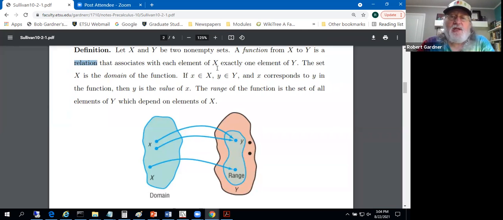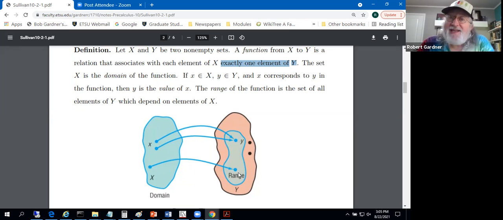It says each element of X is associated with exactly one element of Y. So this element is associated with exactly that element. This element of the domain is associated exactly with that element. This element is associated exactly with that element. What's disallowed is maybe this element X being associated with both this and this.